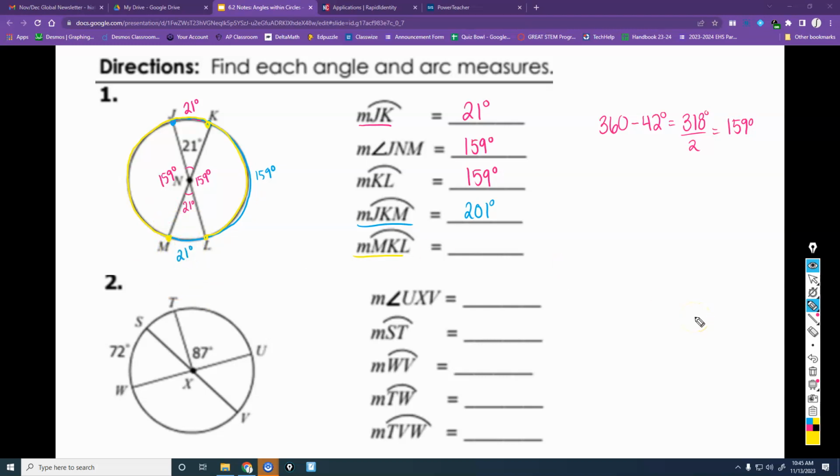So we could add all those together, or we could do 360 minus 21, and we get 339.